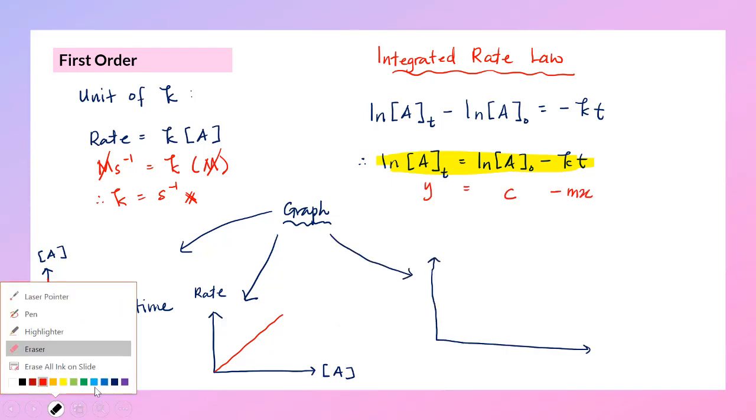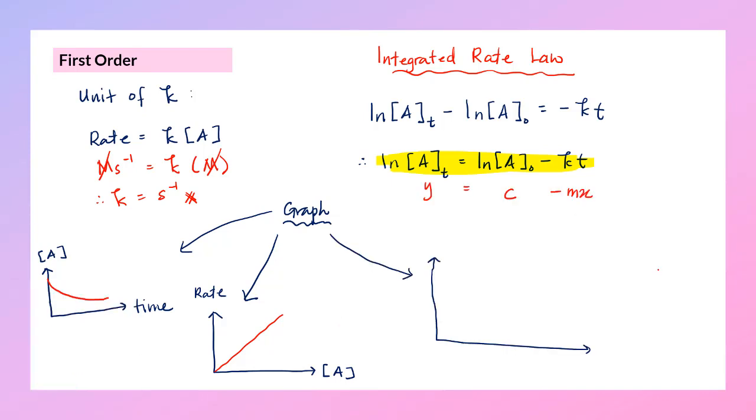For the graph that relates to the integrated rate law, we can relate it with the linear equation y equals c minus mx. So we can plot the graph ln concentration of A against time. You can see the graph becomes like this, a linear graph with negative gradient.